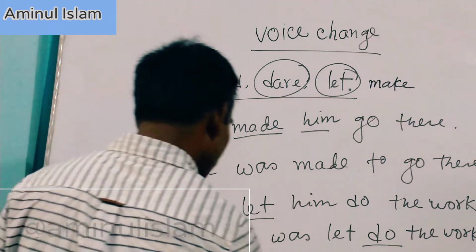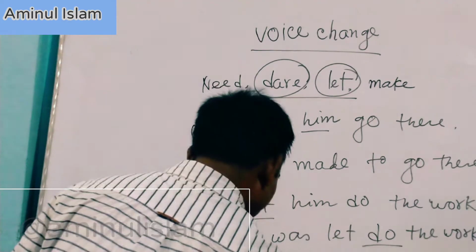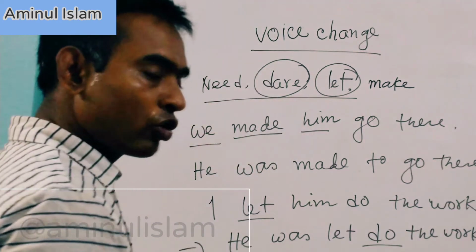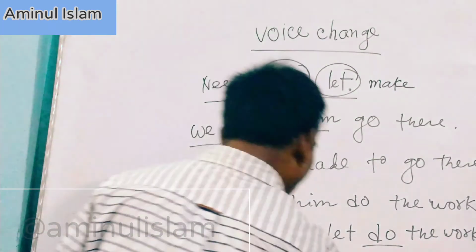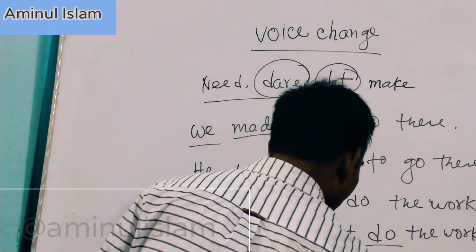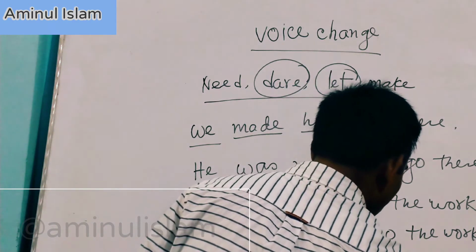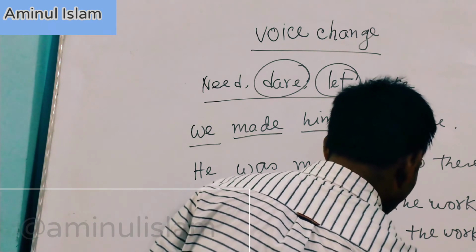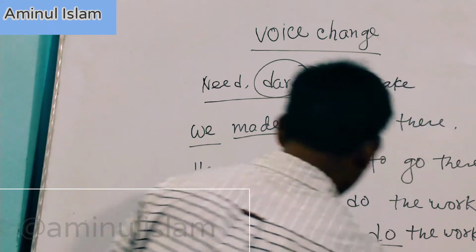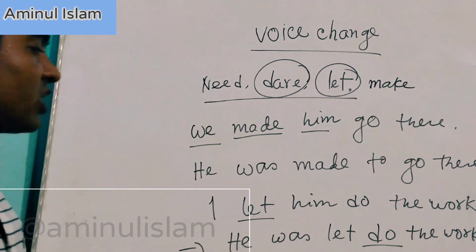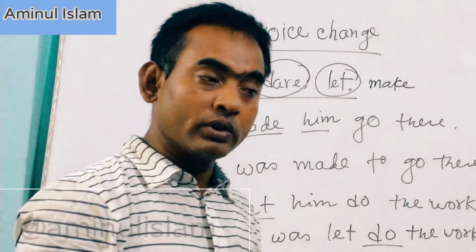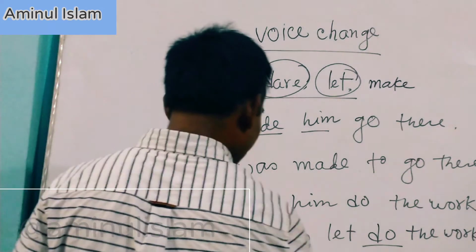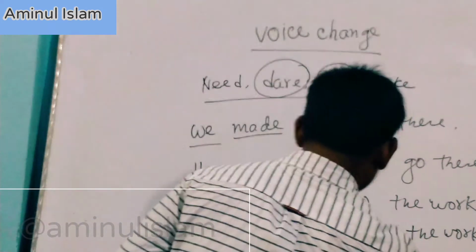How dare? As this dare is a modal auxiliary, how dare I be touched by you? How dare I be touched by you? It's an exceptional sentence. You have to remember it always.